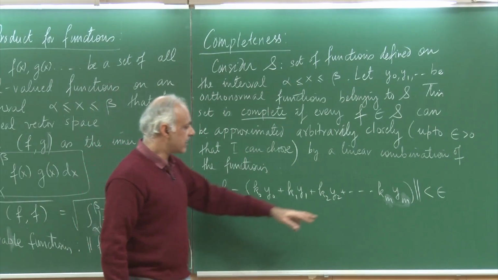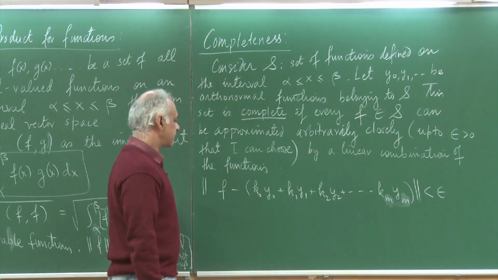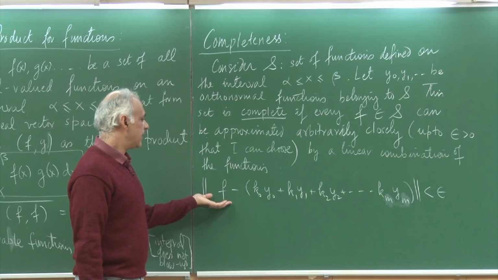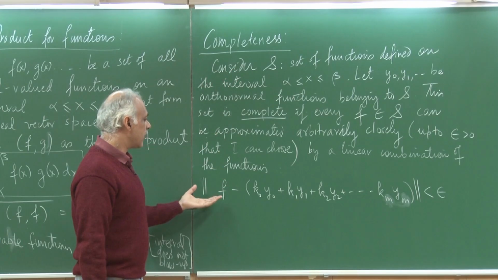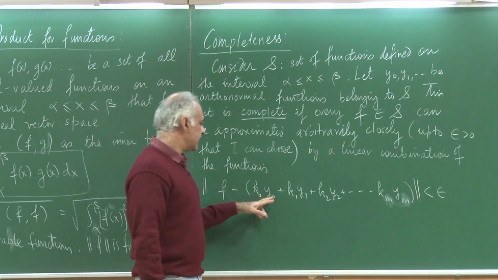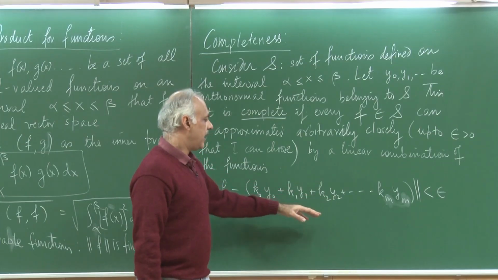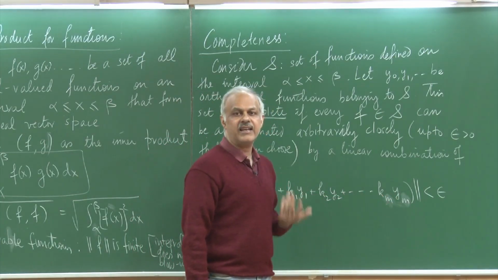I don't want you to get confused between the subscript and the constant itself. So what we are saying is f is a function that is given to you and it belongs to this set S, and I would like to approximate that by using these members y0, y1, y2 and so on, and at present I am using just m of them, and m is something that I decide.